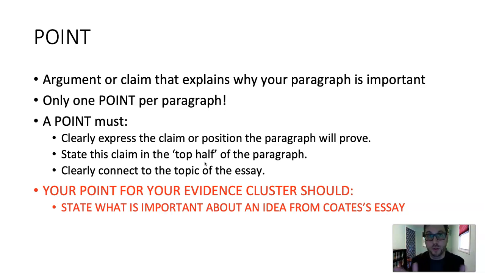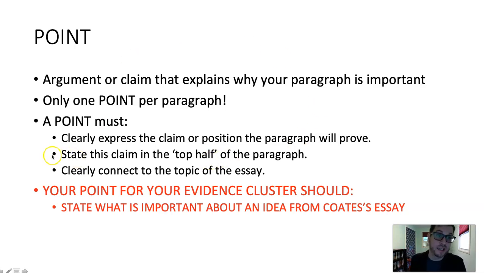Right? You don't want to do that. So 1 point per paragraph. This point must clearly express a position or idea in the paragraph. This should come in the top half of the paragraph and should clearly connect to the goal of the essay. Okay? So, in this particular paper, your point should state an important idea from Coates' essay.